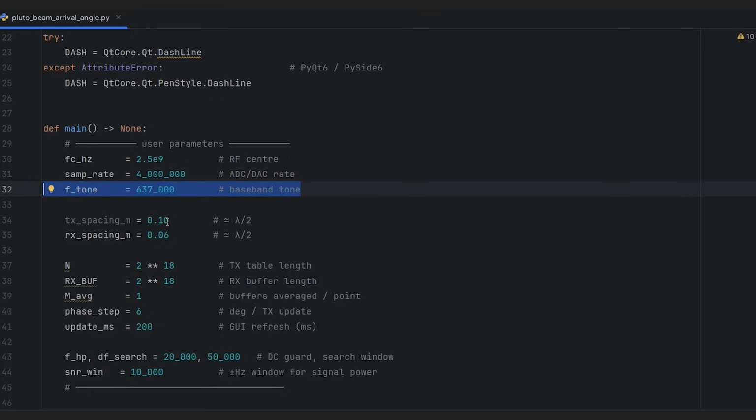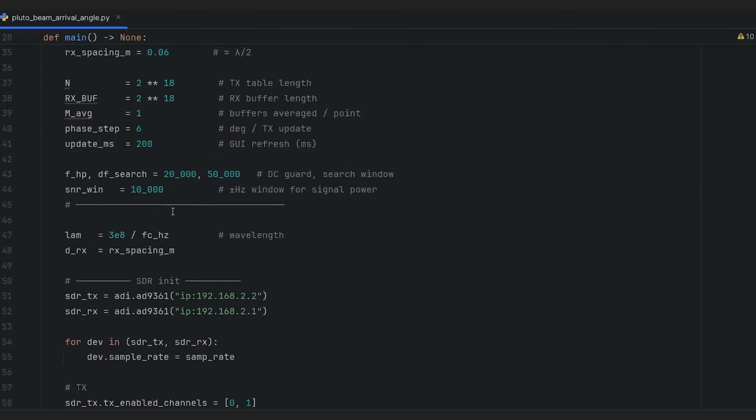So this means we need to do a little more searching to make sure we pick up the correct tone. How? We do the FFT of the received baseband data, and we expect the tone around this frequency, so we define a search window and integrate around that search area, so we never miss the tone, even if it's slightly frequency mismatched.